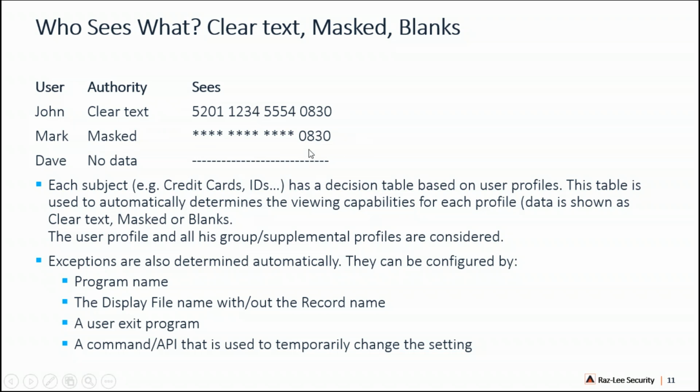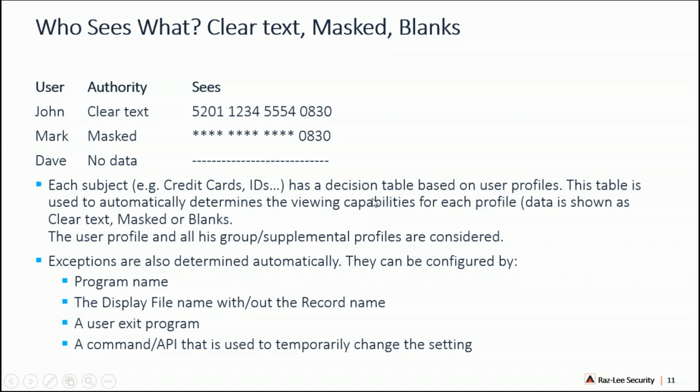Now, it can be that this is true for credit cards, but when we speak about something else, let's say personal information, then it's the opposite. Dave is allowed to see everything, but not the financial information regarding credit cards.